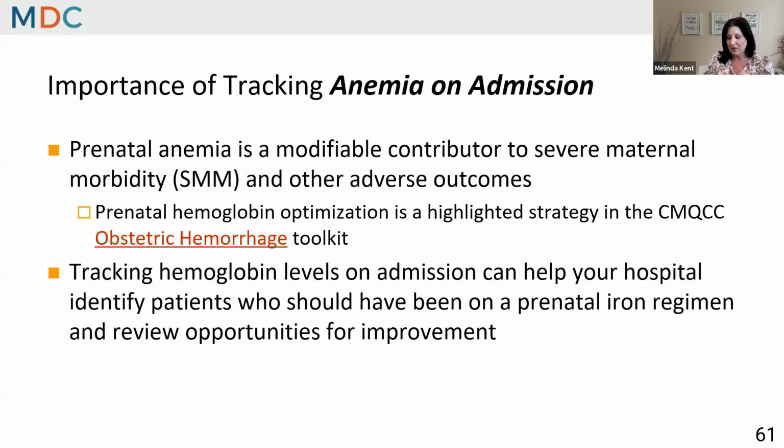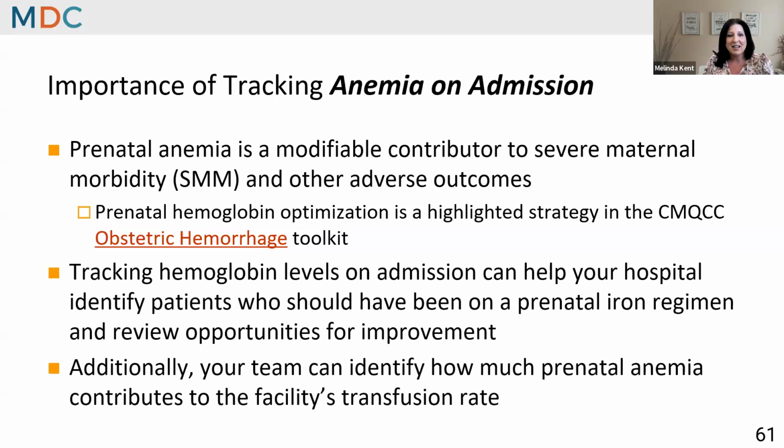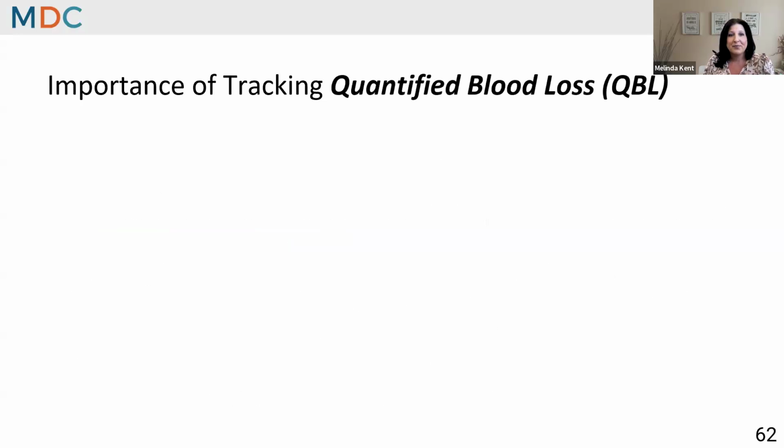So evaluating the data can be very helpful and a very strong motivator for improvement. Additionally, your team can identify how much prenatal anemia contributes to the facility's transfusion rate. So that's actually really wonderful that we have the ability to look at that.